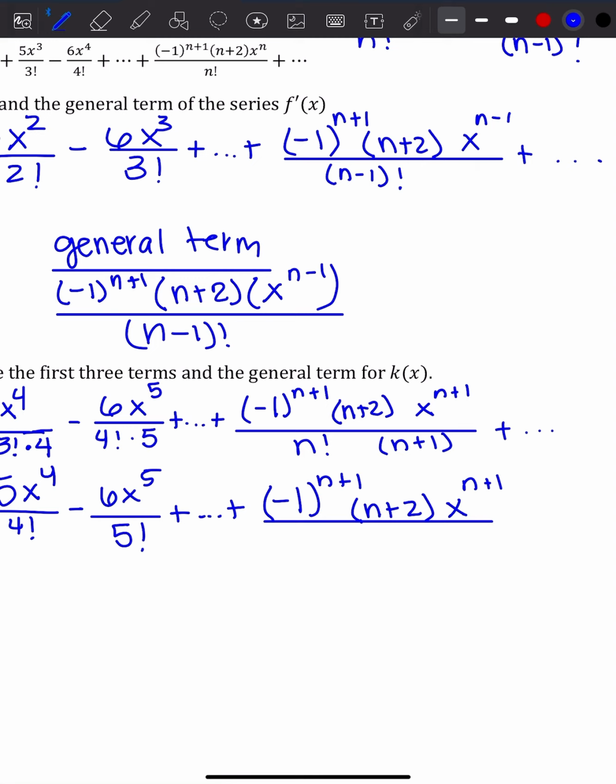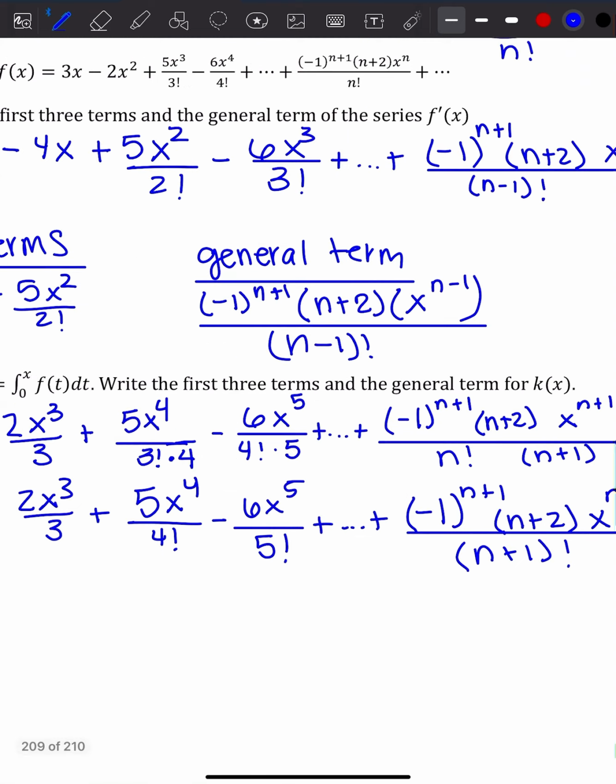Okay, on the bottom we have n factorial times n plus 1. So what that means is the opposite of what we would normally do, which is separate it, we're now going to combine them. So n factorial times n plus 1 would be n plus 1 factorial, because that would be n plus 1 times n times n minus 1, which n factorial takes care of, except for that n plus 1, which we are now multiplying by. And it goes on forever.